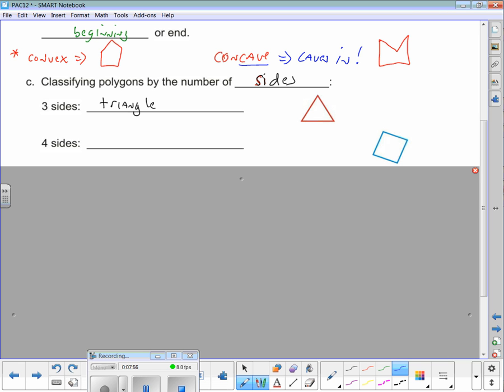It's triangle. All right, if you know 4 on 3, give me the answer. 1, 2, 3. It is a quadrilateral. Q-U-A-D-R-I-L-A-T-E-R-A-L. Quadrilateral.